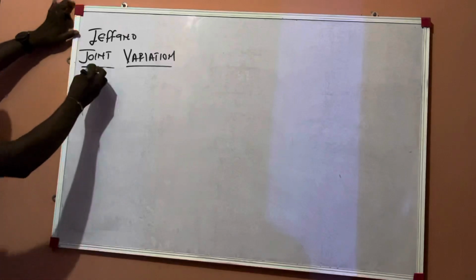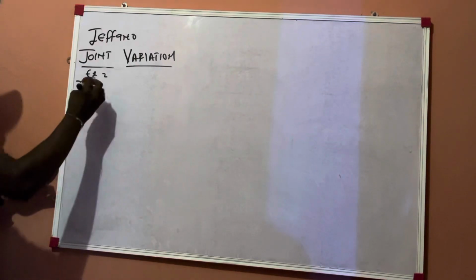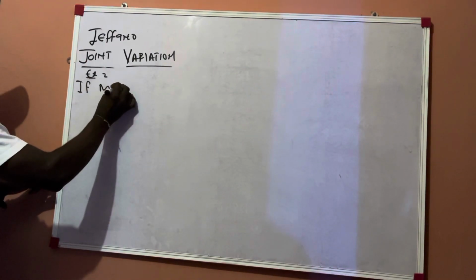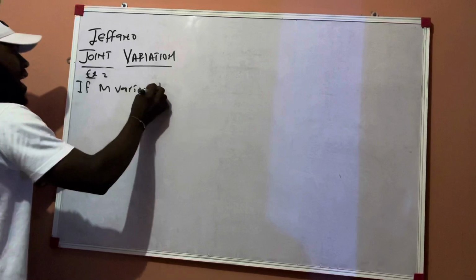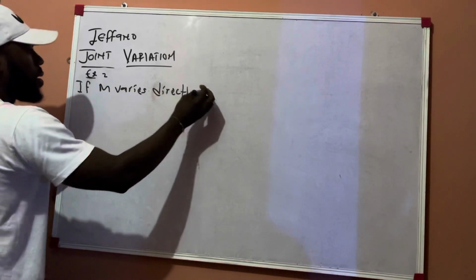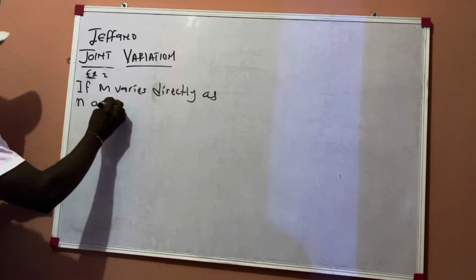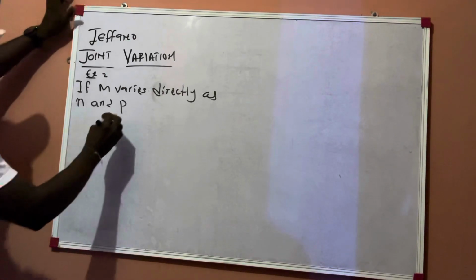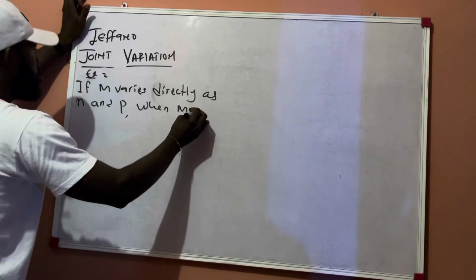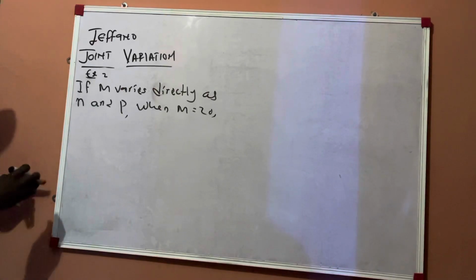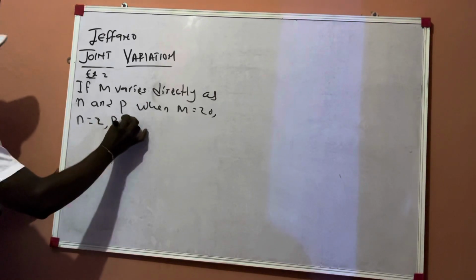Now, example number 2 says, if, let's say, M varies directly as N and P, when N equal to 20, M equal to 2, then P equal to 5.